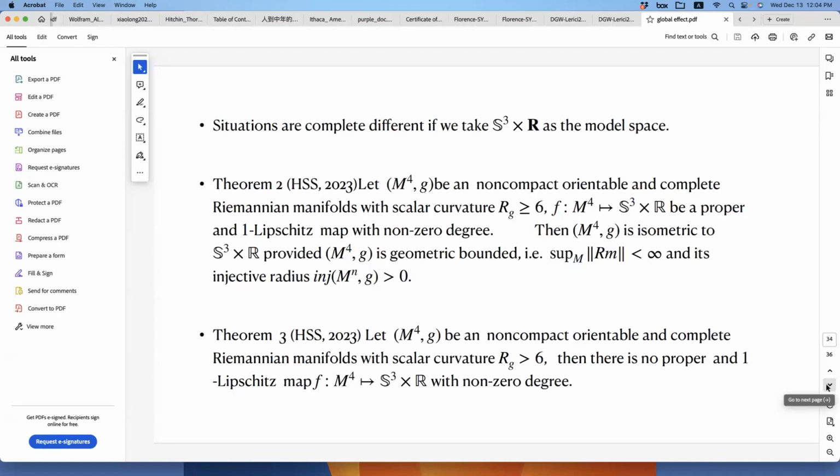This is our rigidity theorem. We believe that the geometric boundedness assumption is not necessary, but for the time being, we don't know how to remove it.